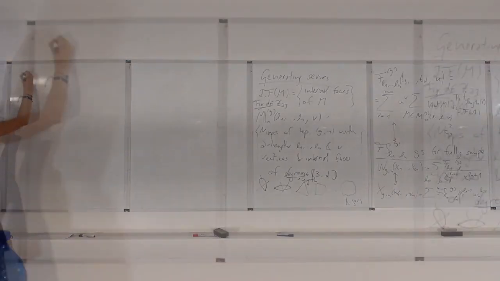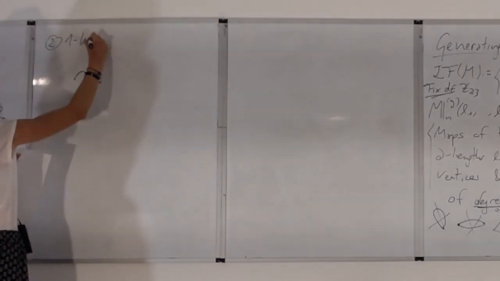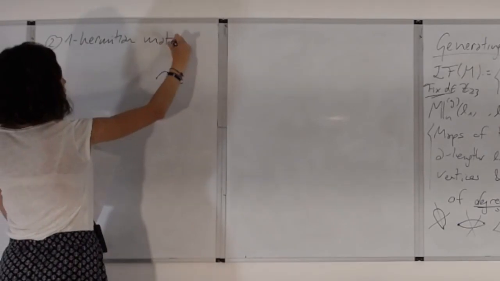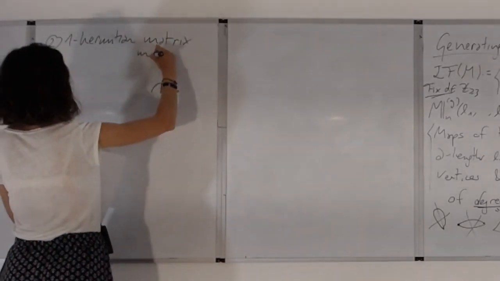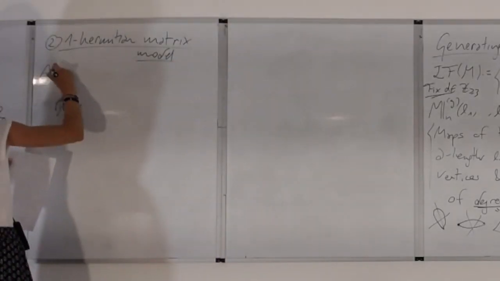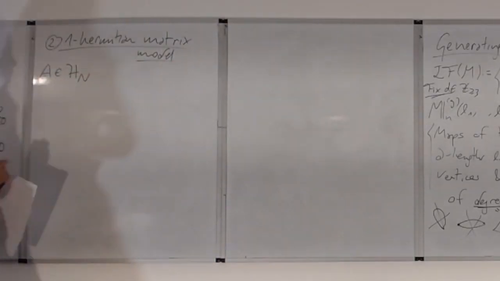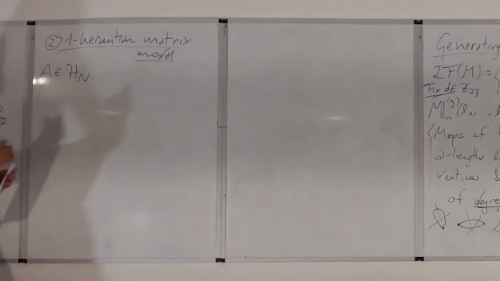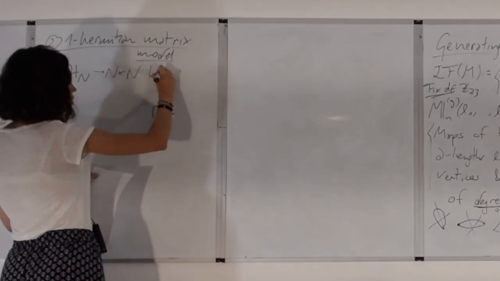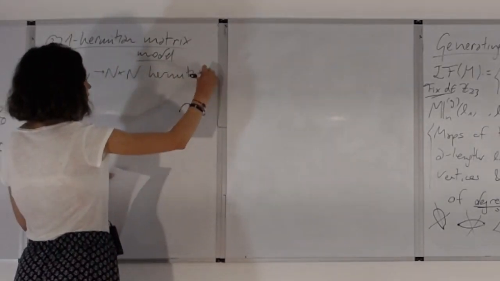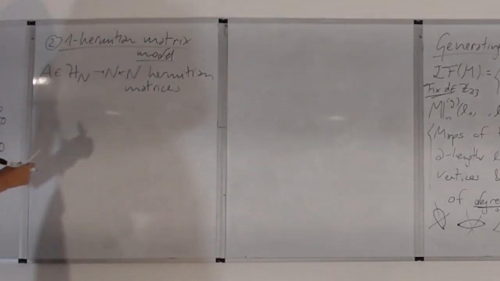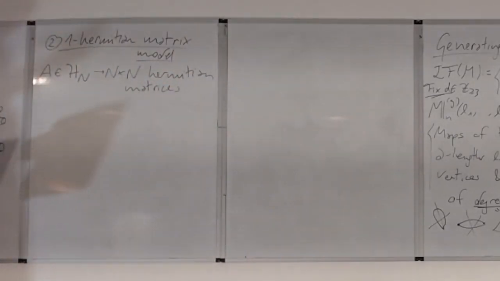So, okay, connection to the one Hermitian matrix model. Now we consider the space of n times n Hermitian matrices, and on this space we introduce the following Lebesgue measure.